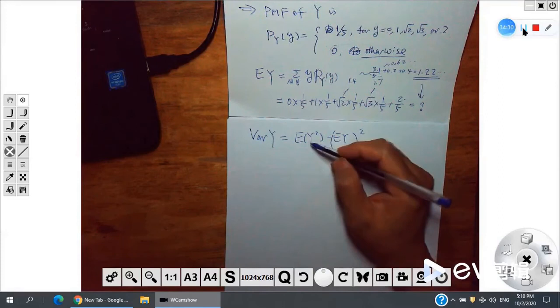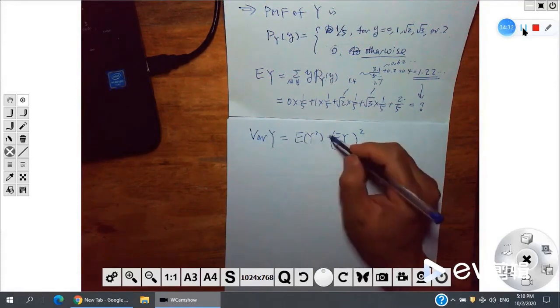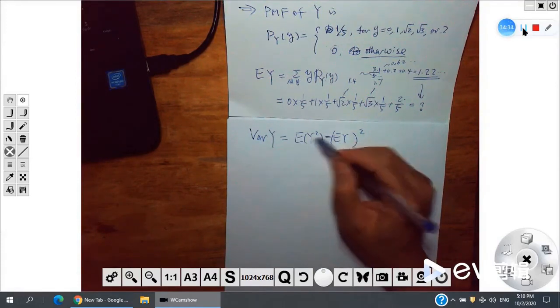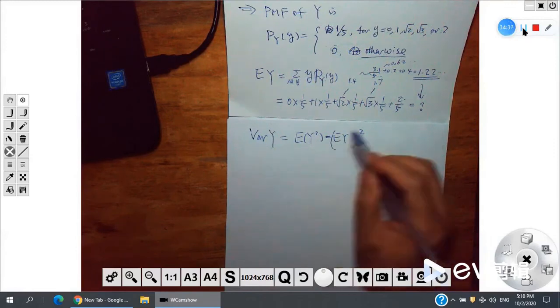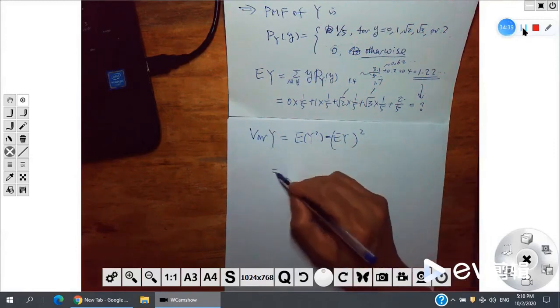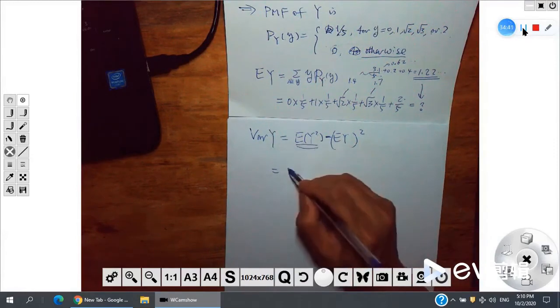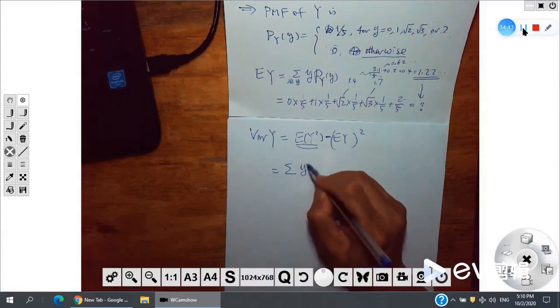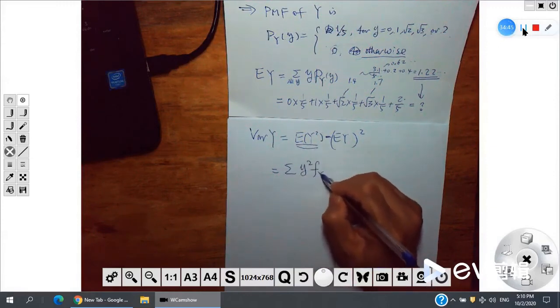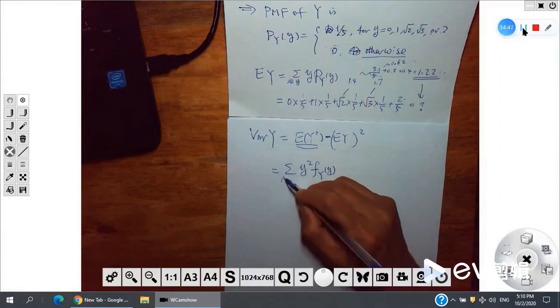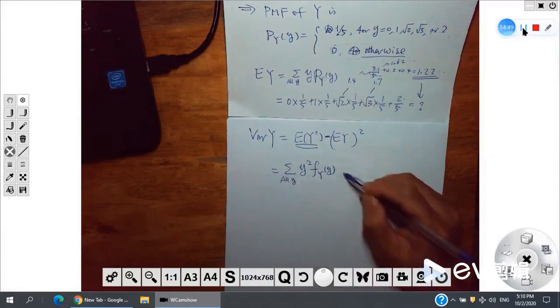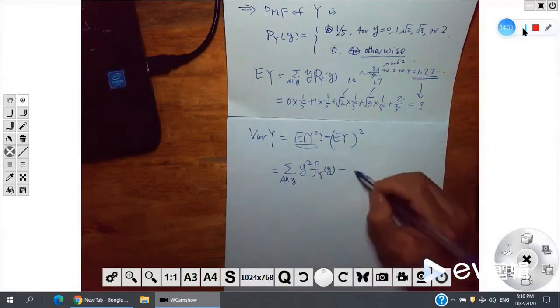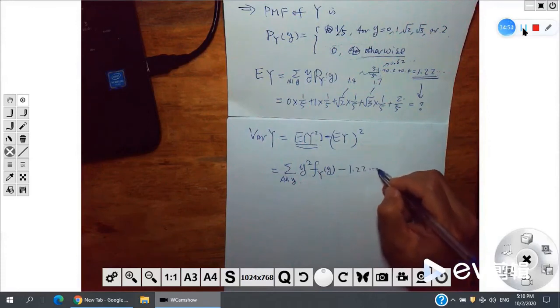If you have negative, you just change this to negative, this to plus. That will be fine. But now I know it's good, right? Okay, so this will be E[Y squared]. There will be the summation of y squared times the probability for all y's, and minus this one, 1.22 something, squared, right?